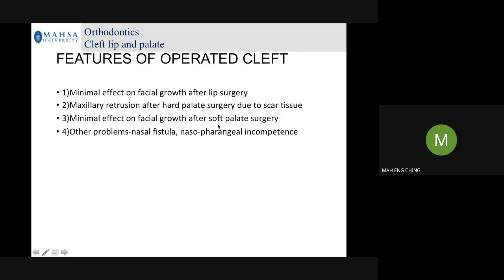Usually the hard palate causes a lot of scar tissue. Another problem can be a nasal fistula. If you don't repair, you have a nasal fistula and nasopharyngeal incompetence, so you have to repair it to get the function. But you get a side effect, which is scar tissue that will restrict maxillary growth. Leaving it without repair causes other problems: fistula, nasopharyngeal incompetence, inability to swallow or speak very well, and aesthetics are also compromised.